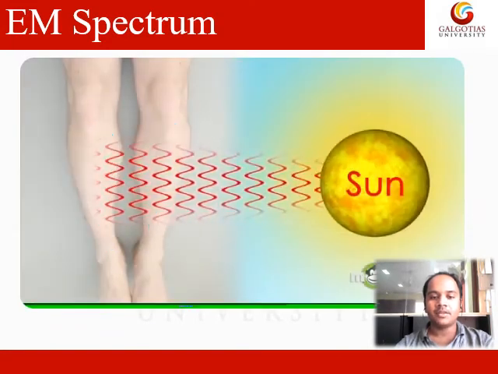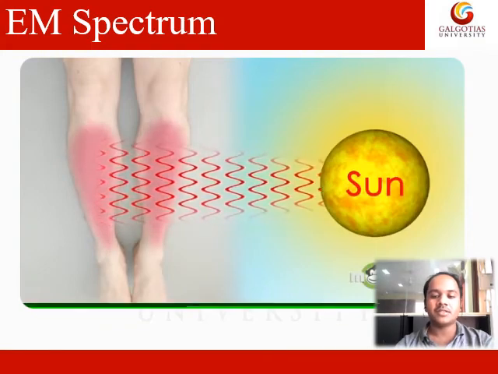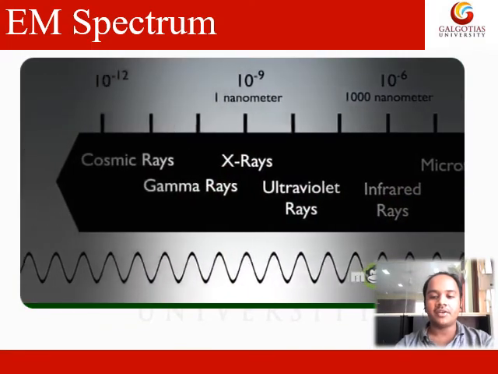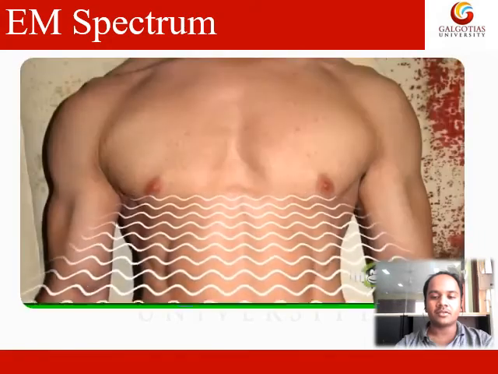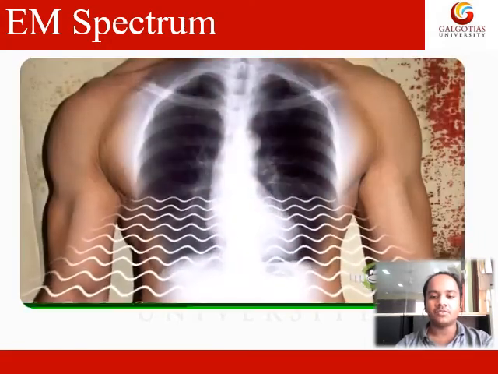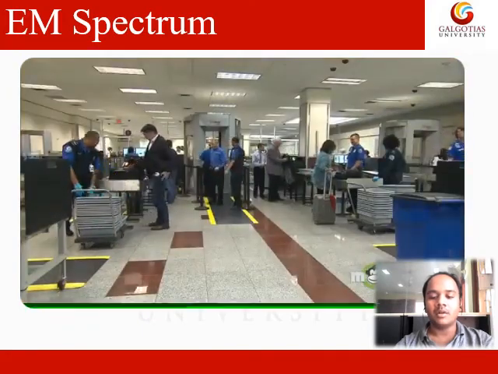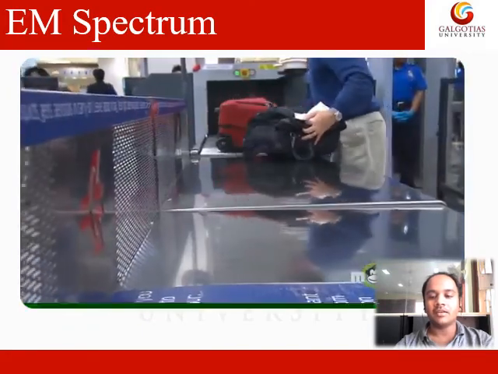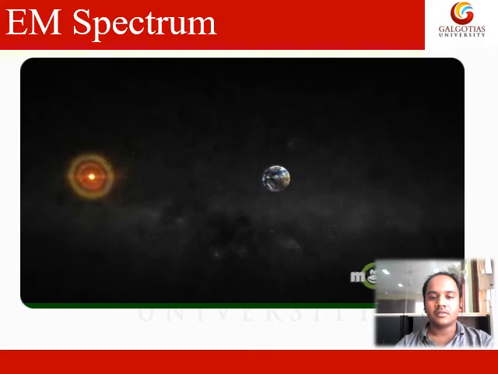Cosmic rays, gamma rays, X-rays, each different type of rays has a different purpose. X-rays are used for scanning different tissues of the body and for many medical investigations. Same with gamma rays and cosmic rays.